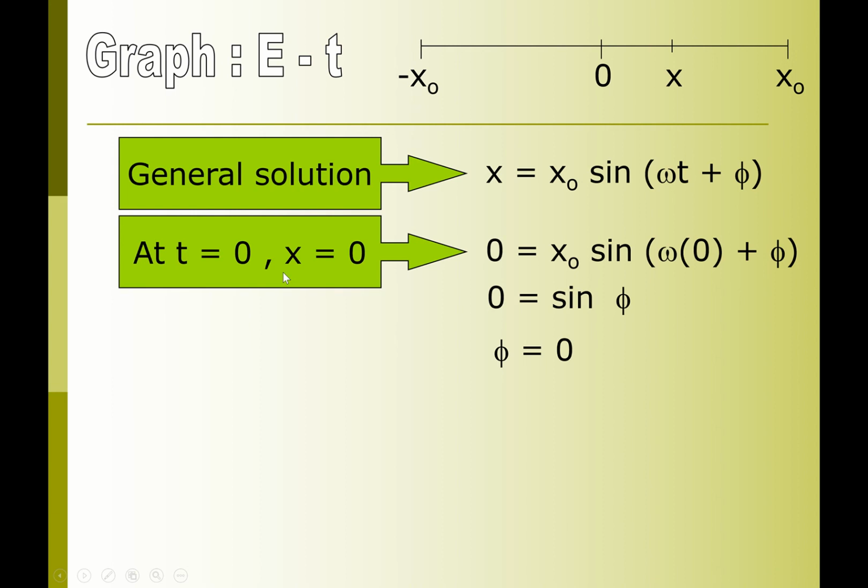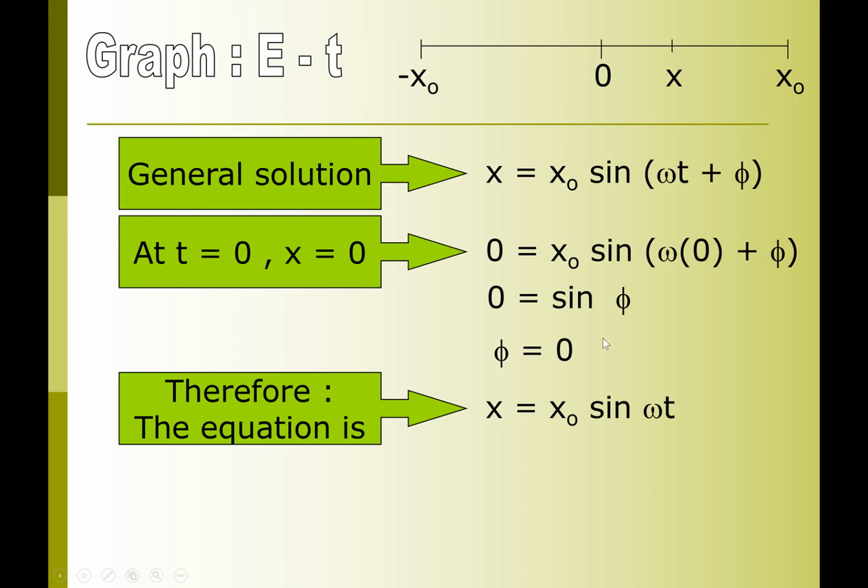Initially, at time 0, x equals 0. So we substitute x equals 0 and t equals 0 into the general solution here. We get 0 equals x naught sine of omega times 0 plus phi. So x naught brought to the left becomes 0, then sine phi equals 0. Therefore phi is equal to 0.